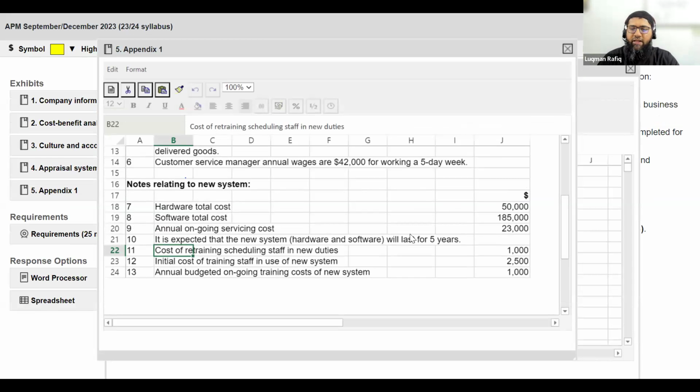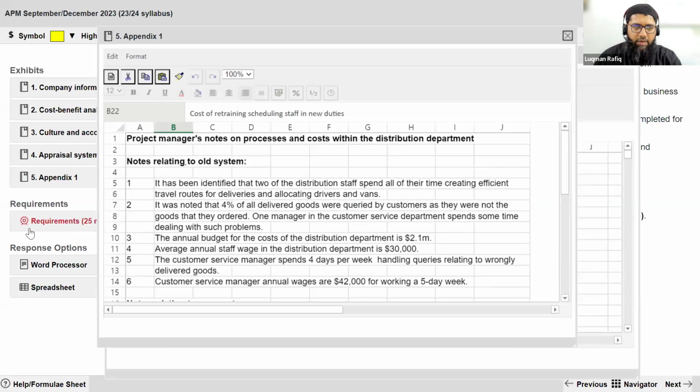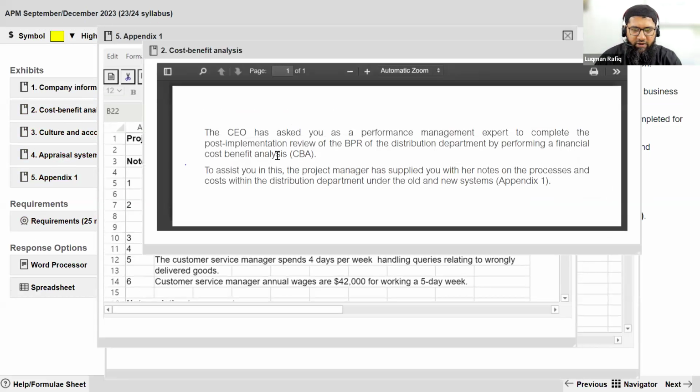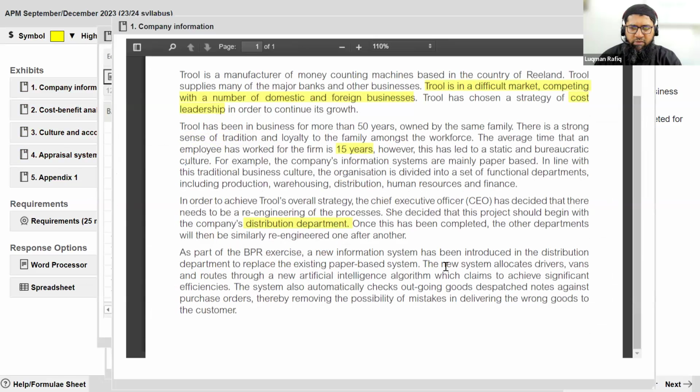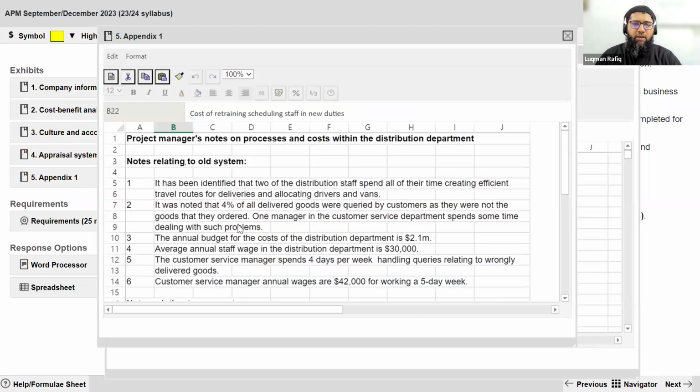We need to understand one thing that was mentioned: the system automatically checks goods dispatch notes against purchase orders, thereby removing the possibility of wrong allocation and all that.